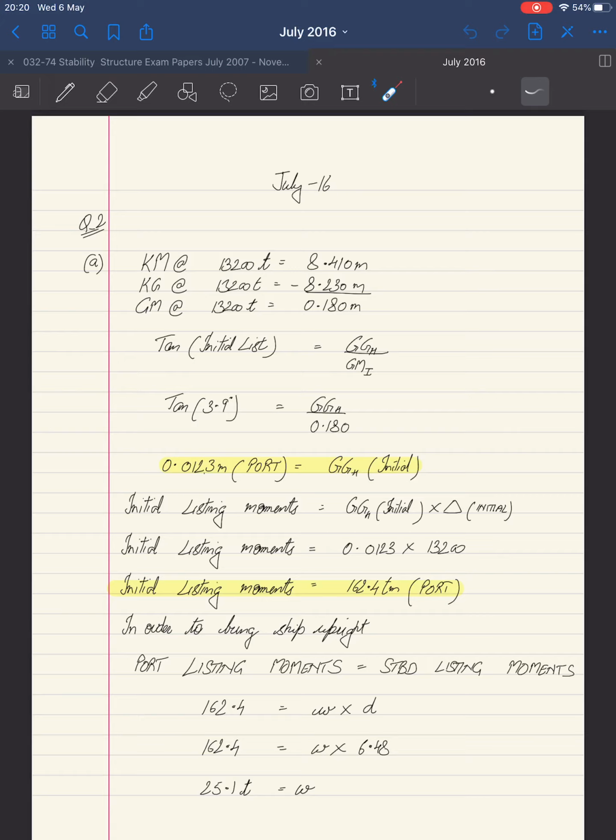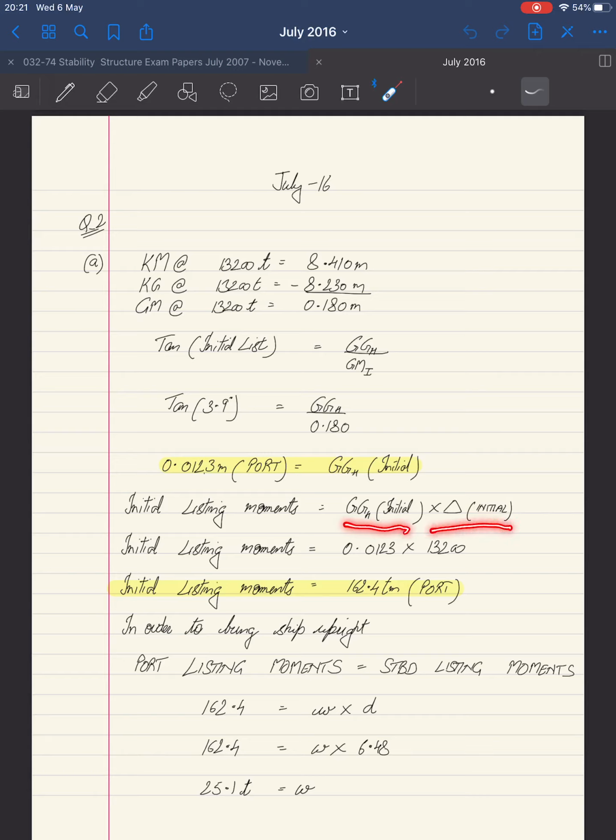Now MCA recommends to take the GG' to 4 places of decimal, but if you are taking it to 3 places of decimal, that is also acceptable. Now initial listing moments equals the GG' initial times the displacement initial.